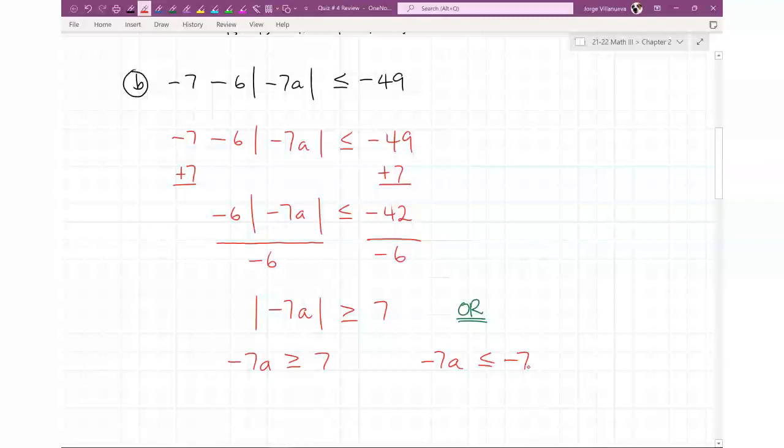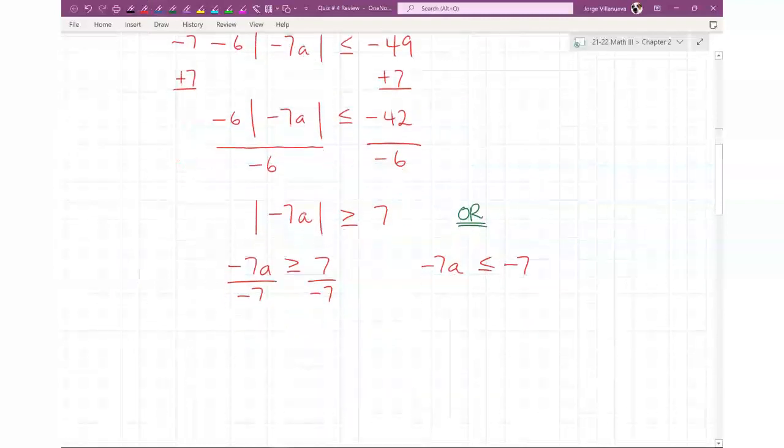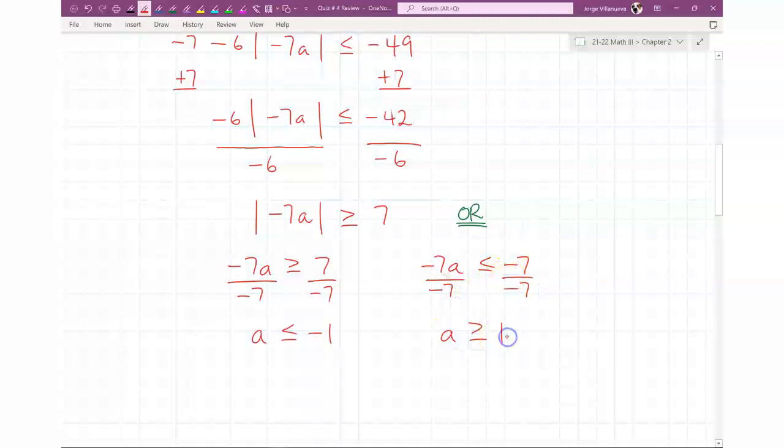But remember, since we're dividing by a negative number, we got to flip the symbol, right? So this gives me a less than or equal to -1. And then when I do that to the other side, divide by a -7, I get a greater than or equal to 1.